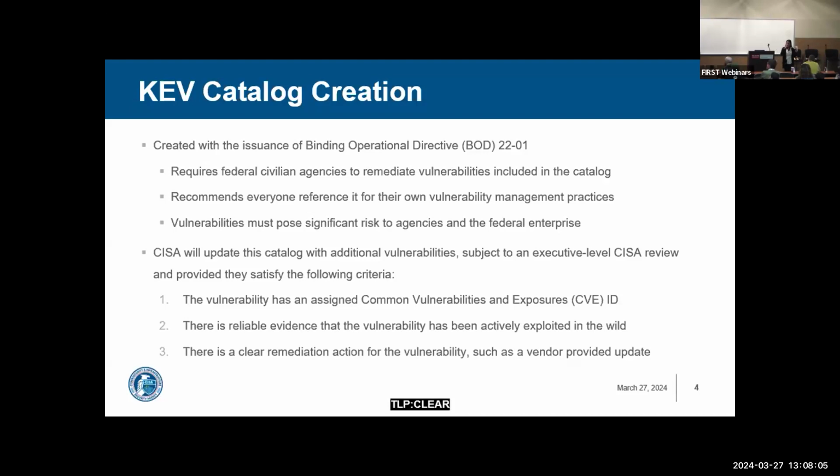I want to make a pause to make sure that everybody understands that because of the Binding Operational Directive, not every single CVE that has been exploited is part of the KEV, because we don't want to add a CVE that has been exploited in your TV or your toothbrush or your refrigerator or stuff like that on the KEV.